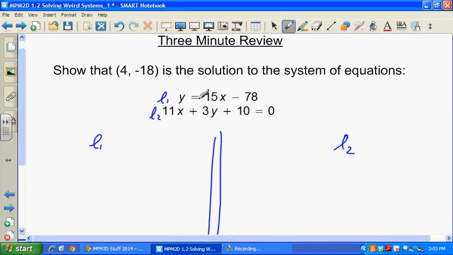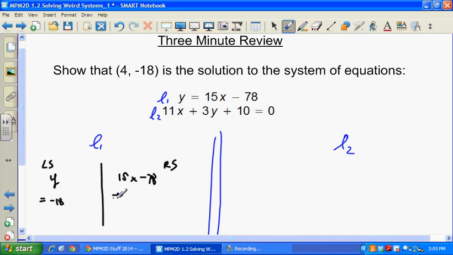So for line 1, is it on line 1? Well, the idea is it's got to satisfy both the left side and the right side. The left side is just y, the right side is 15x minus 78, and the y is negative 18. So hopefully when we work out this right side that it ends up being negative 18.